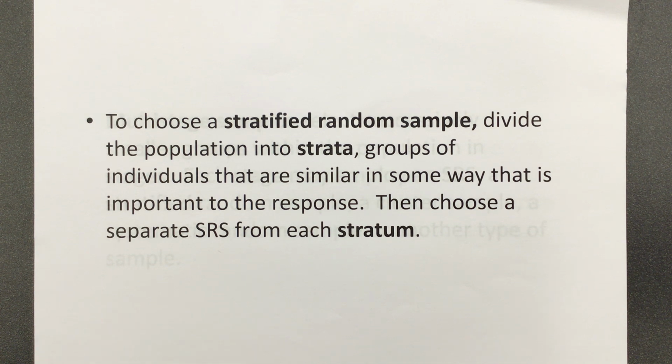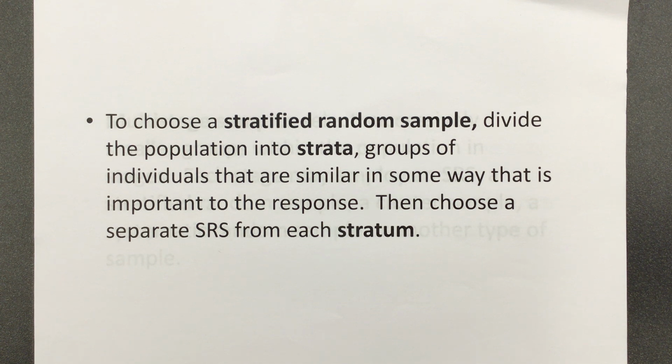Because the simple random sample is so random that we could end up accidentally, without even knowing, over or underrepresenting an important segment of our population. So when we know that there's potential groups that are very important to our question, we might purposefully set things up so that we get a sample that is representative of each group.